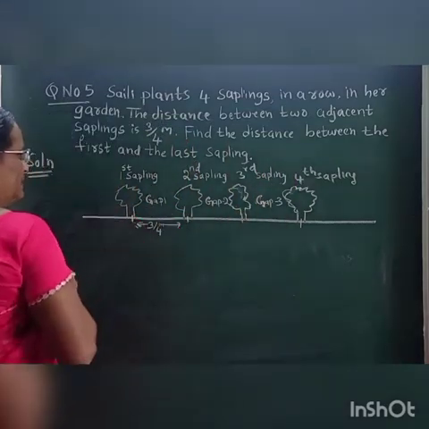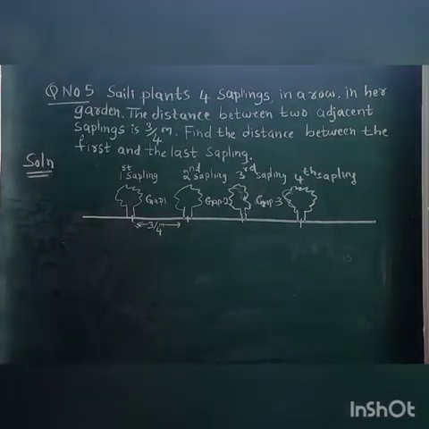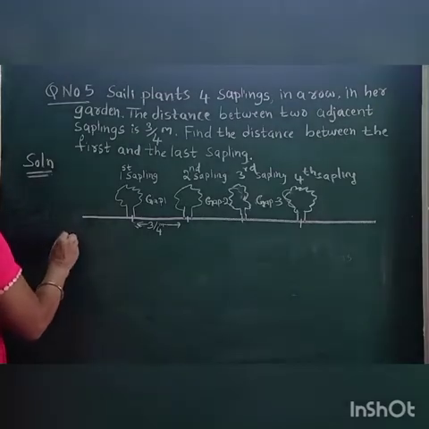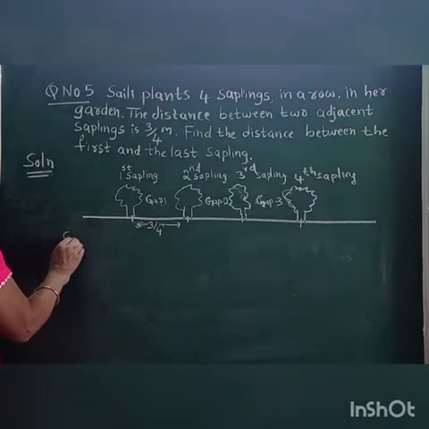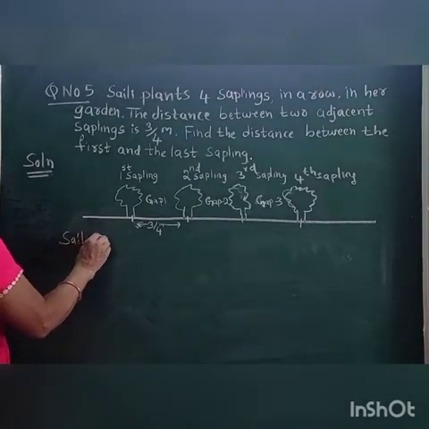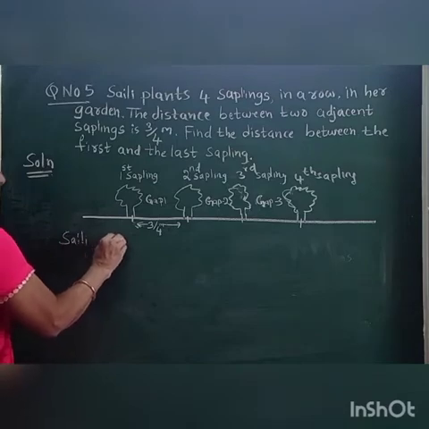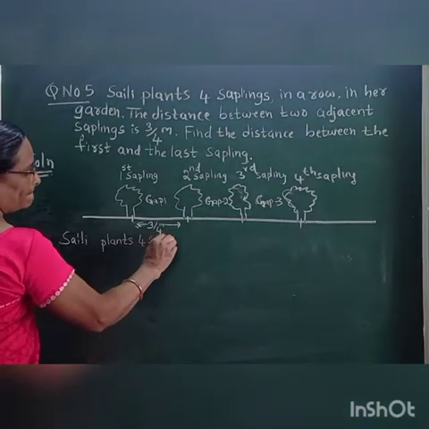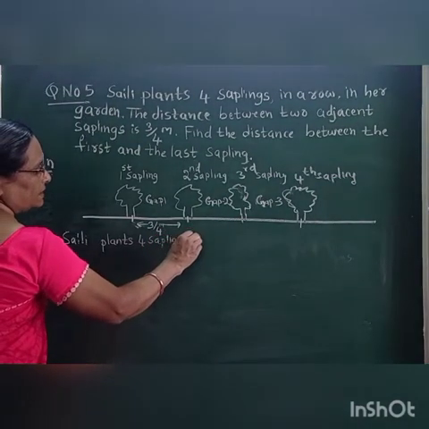How many saplings are there here? 4 saplings. She plants 4 saplings in a row. Who is that girl? Shaili plants 4 saplings in a row.